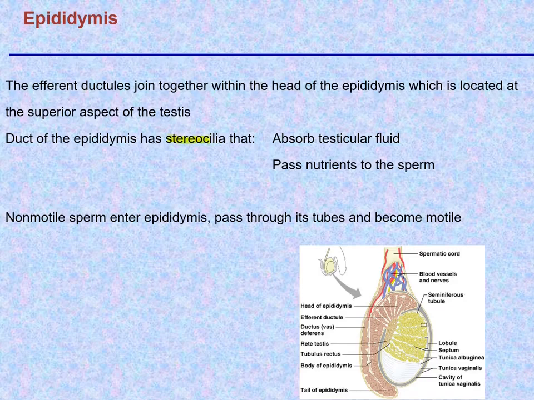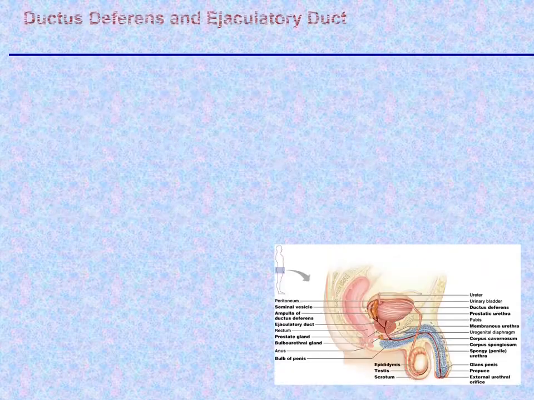They allow it to absorb any excess fluid and help to maintain the sperm by passing nutrients to them. As the sperm cells enter into the epididymis, they are non-motile, and it's there that they mature to become motile.